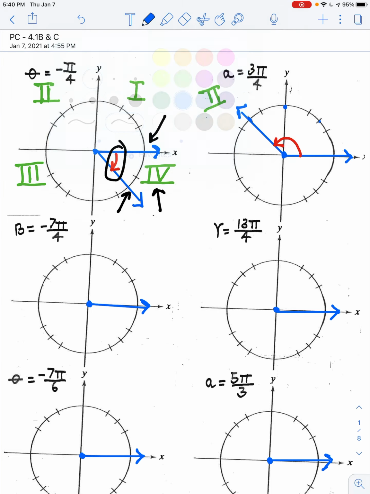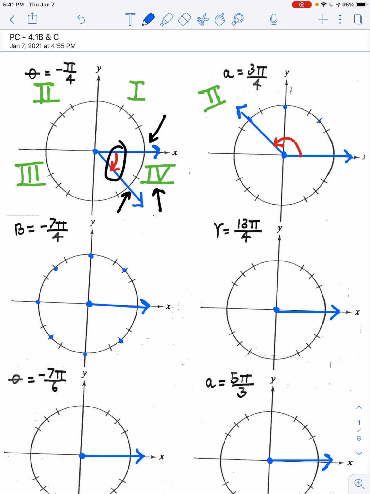Let's try our next one. Now we see on the middle row on the left, negative 7 pi over 4. I've drawn my initial side at the positive x-axis. Since my angle is negative, I'm rotating clockwise, and I want to count 7 multiples of pi over 4. So this would be 1, 2, 3, 4, 5, 6, 7.